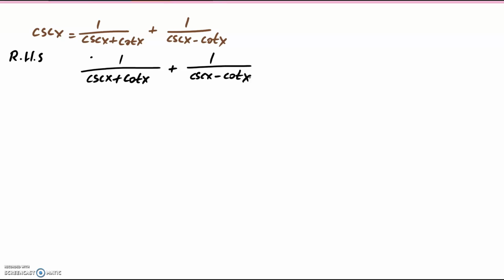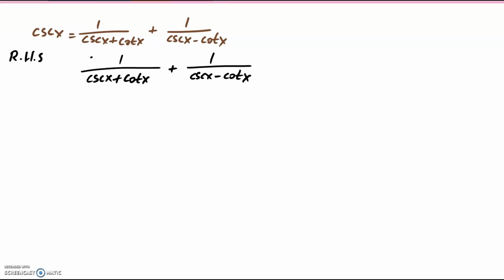How do we make the same denominator? I will multiply this denominator with this term, in the numerator and denominator both. And I will multiply this denominator with this term, in the numerator and denominator both. I drew the arrow so you can understand what I'm talking about.